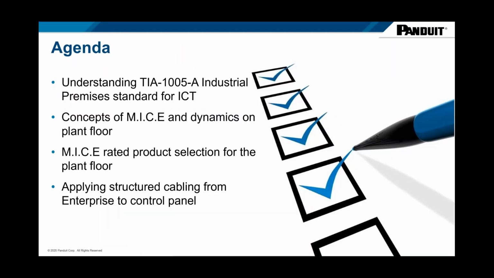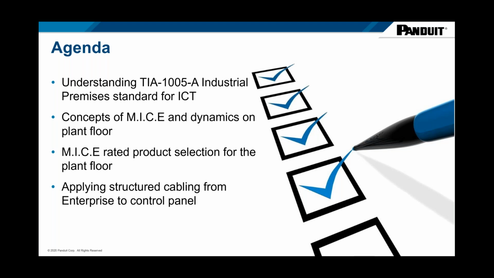The agenda, what I'm going to cover, is really the structure. I'm going to try to provide you some information on the TIA 1005A, which is the standard for applying Ethernet for industrial premises. I also want to give you some information on product selection and mitigation for environmental factors, especially EMI noise, which is the topic of our webinar.